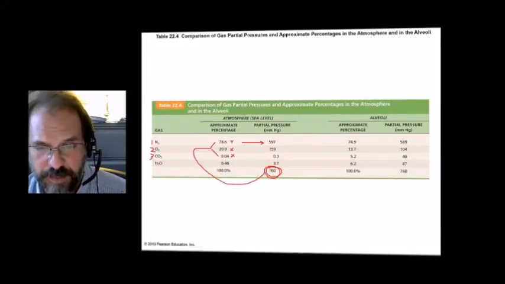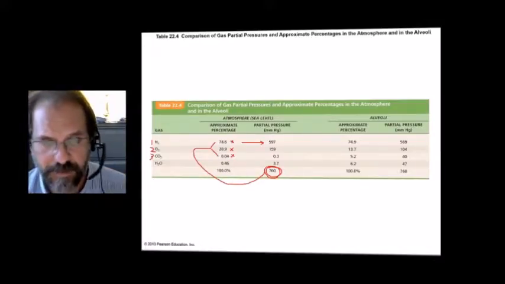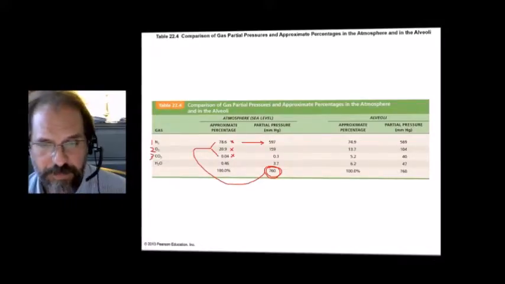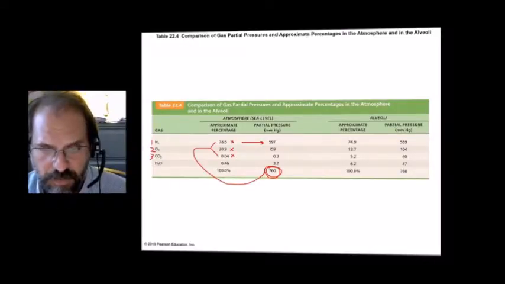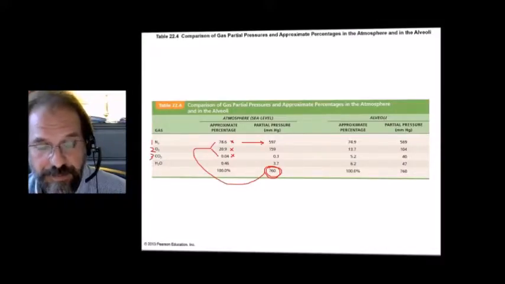So if I took 78.6% of 760, I would get 597 being the partial pressure of nitrogen in atmospheric air. Nitrogen is the guy we all forget about because it doesn't have a physiological role. It doesn't do anything that I know of for the body tissues, while these 2 gases are plenty important physiologically. So our partial pressure of oxygen is probably the one we want to pay attention to right now.